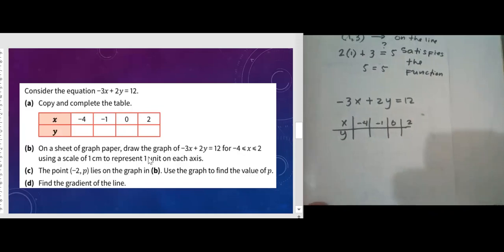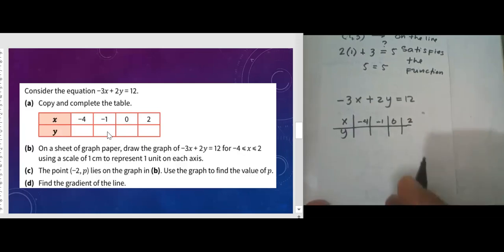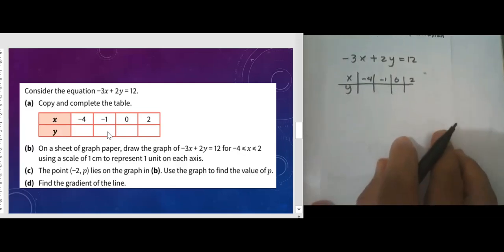Now, on a sheet of graph paper, draw the graph of negative 3x plus 2y equals 12 for x from negative 4 to 2, using a scale of 1 cm to represent 1 unit on each axis. So let's do this one later on. Let's just complete this one for a while. Again, what shall we do to complete?